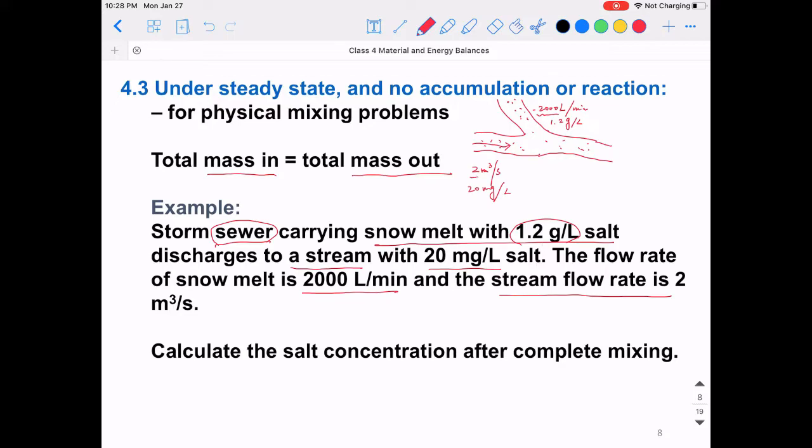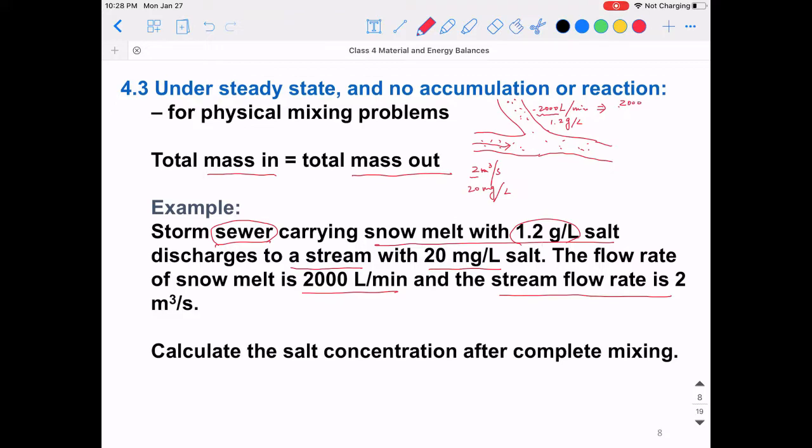But you can then realize that the flow rate of the snowmelt is really incomparable to the flow rate in the stream, because here we're representing the flow rate in liters and in minutes, right? So if you further convert that into meter cube per second, you can find that 2,000 liters is equal to 2 cubic meter, and then that's per minute.